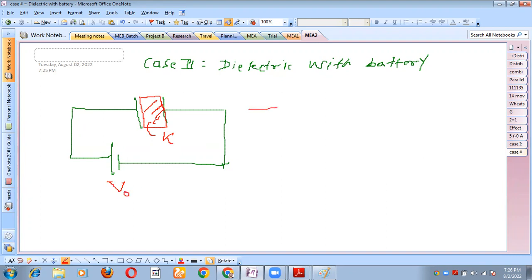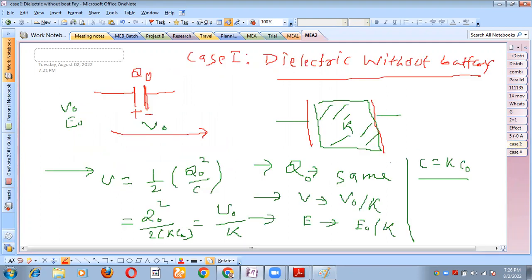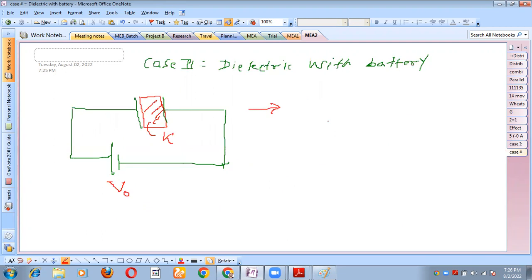So what will happen? In the first case the charge was the same. Here the potential will remain the same, since the battery is connected. It will be equal to V naught.